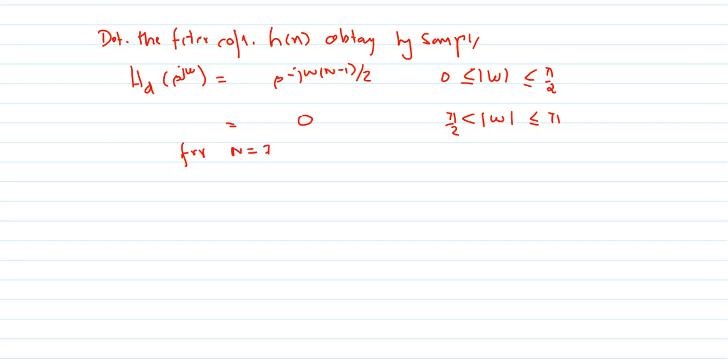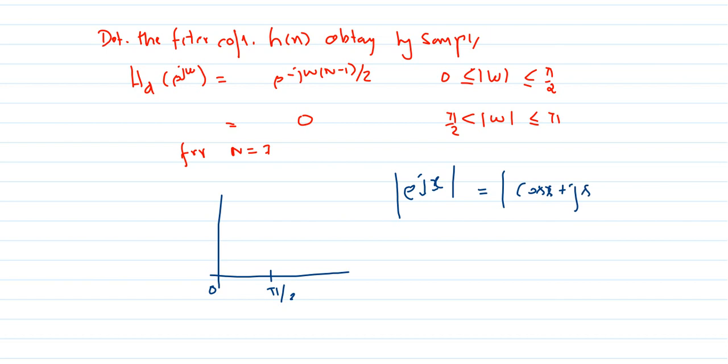Now the first step you need to understand here is what you can infer from the question. From 0 to pi by 2, that is 90 degrees, it has e power minus j omega (n minus 1)/2. I'll just take it as e power j h, for example. What happens when you find the magnitude of e power j h? It becomes cos h plus j sin h. When you take the magnitude, it is the square root of cos square h plus sin square h, which is nothing but 1.